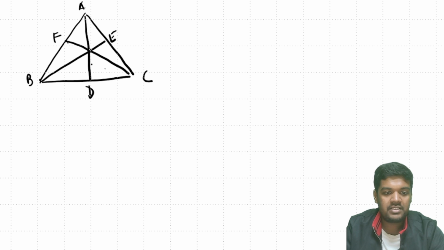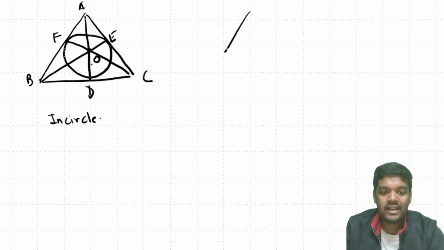So this intersection point is incenter, ये हमें पता है. So if I draw a circle with radius at point O, and OE, OF and OD are my radius which is equal, then this entire circle is called incircle.